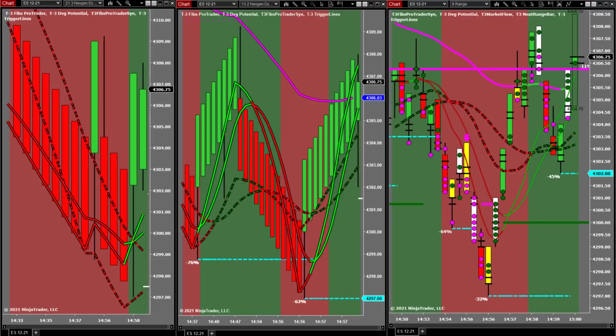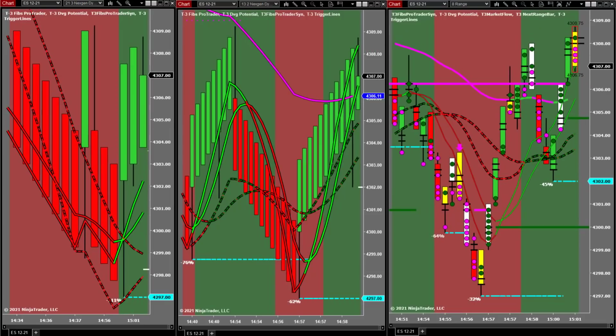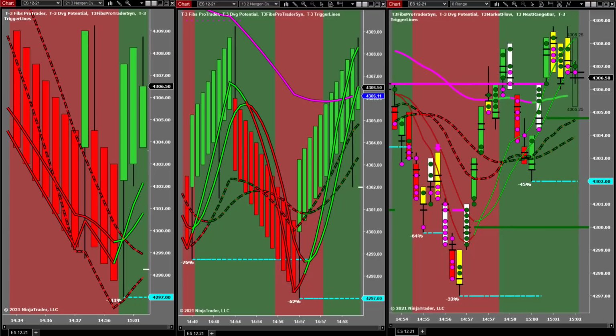Just watching the 03 area helps fine tune your eyes as to how far it could go, and then what could happen after that, which clearly on all of the triggers on the 13-2 chart as well as the 8 range chart said up and nothing but up.